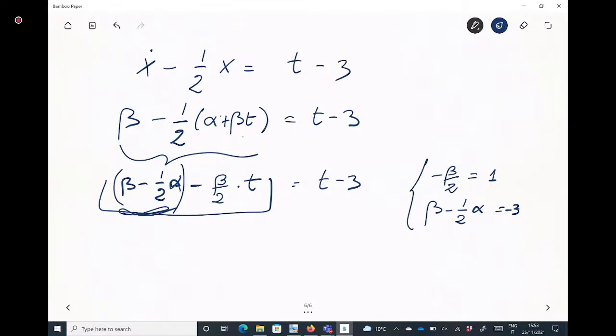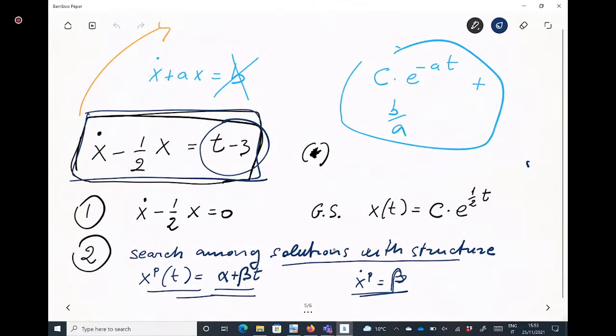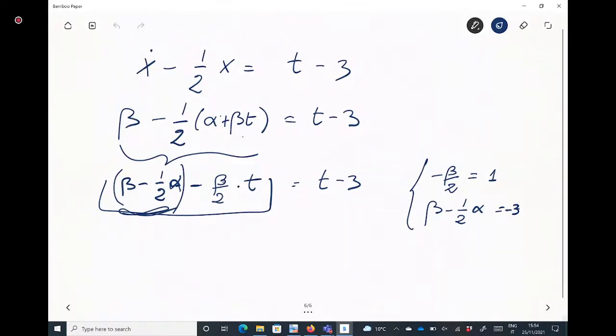Now, if my conjecture is true, so if this solution works, I can find the specific values of the parameters. And this means that if my particular solution that I want to find out really exists with a similar structure, then necessarily minus beta over 2 must be equal to 1, and beta minus 1/2 alpha must be equal to minus 3, necessarily. Because otherwise this is not a solution to our system.